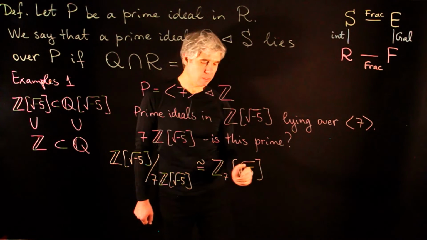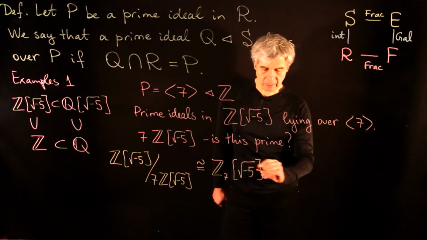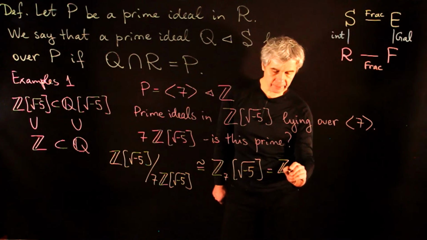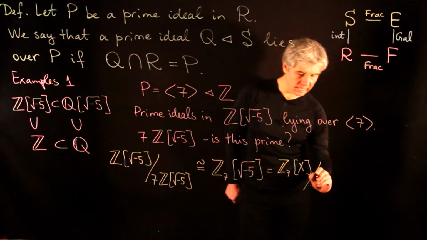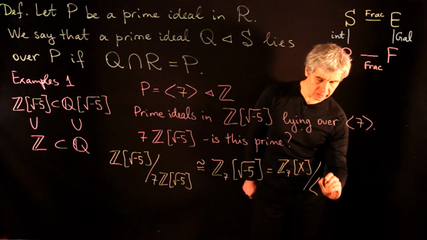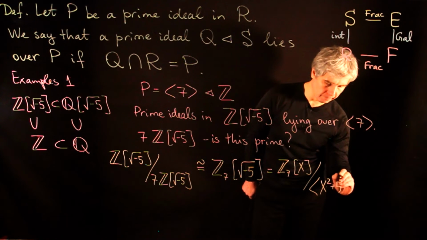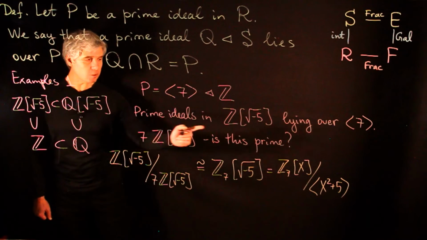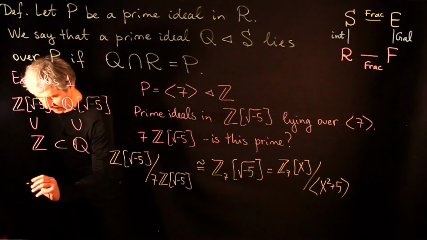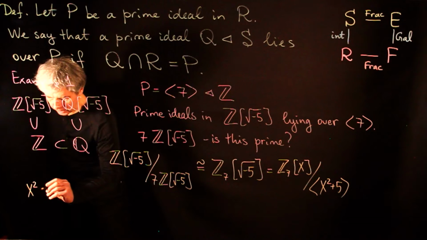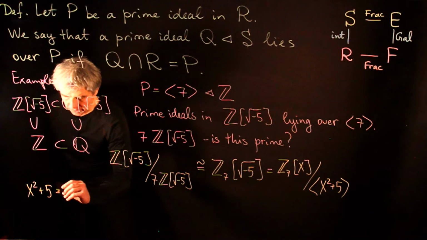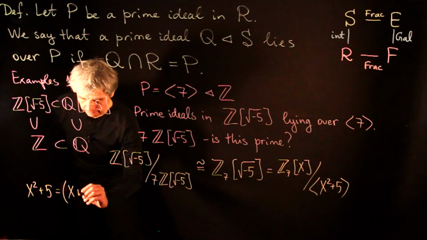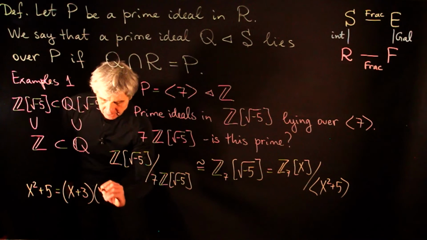What does this mean? So this means that we take the ring Z_7[x] and quotient out the ideal generated by x squared plus 5. It is easy to check that the polynomial x squared plus 5 is reducible over Z_7[x]. So this factors as (x plus 3) times (x plus 4).